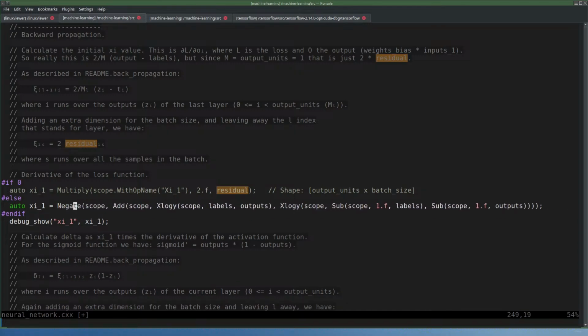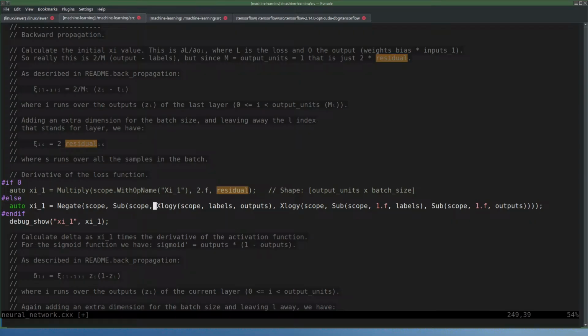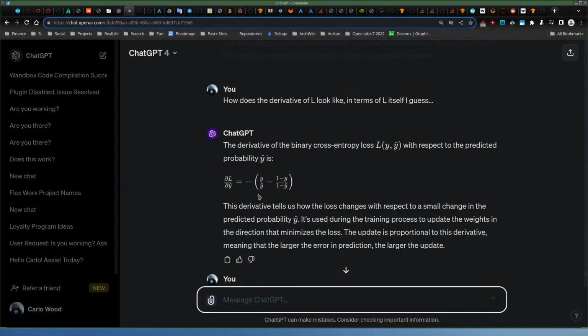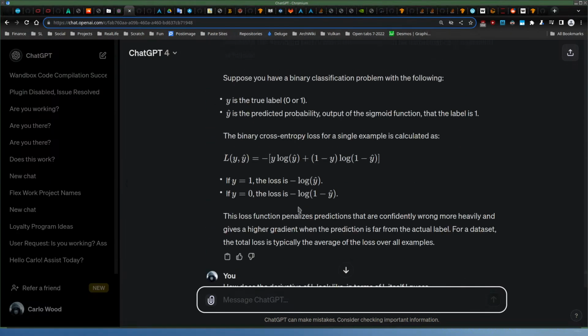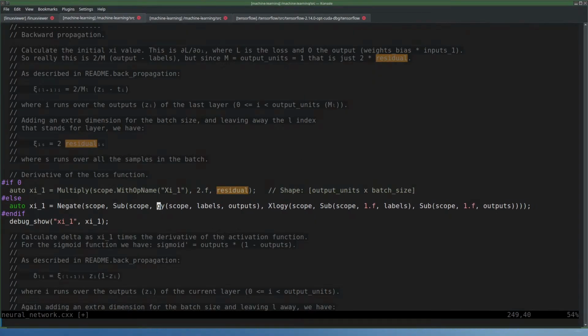So we do negate and then sub. And then not the log of... oh here it is, y log, but it is now y divided by. So the x log y changes into a divide. Divide, or whatever it is that I should use. And the rest is the same.